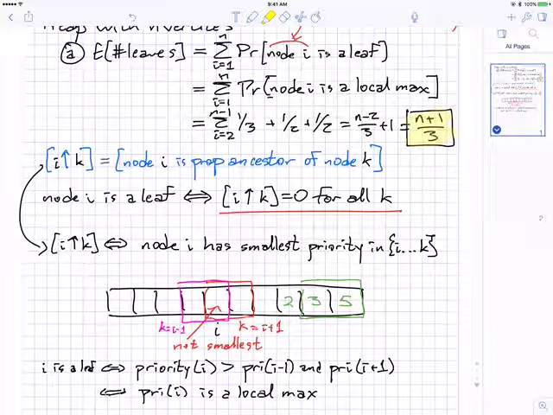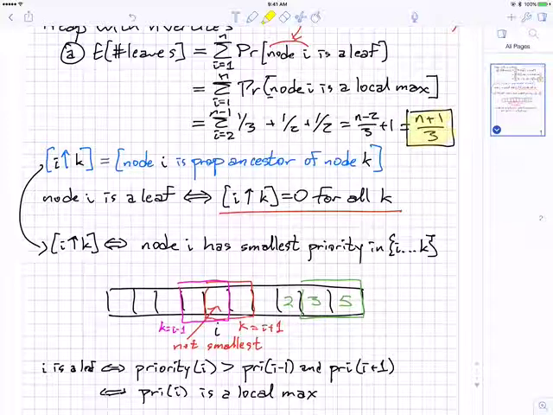Can you also argue by saying that for any node I, its parent would be either immediately on the left or immediately on the right?